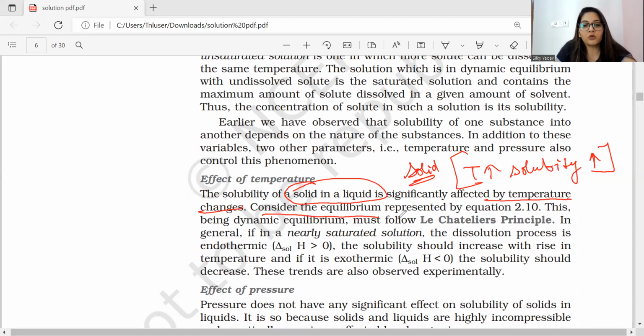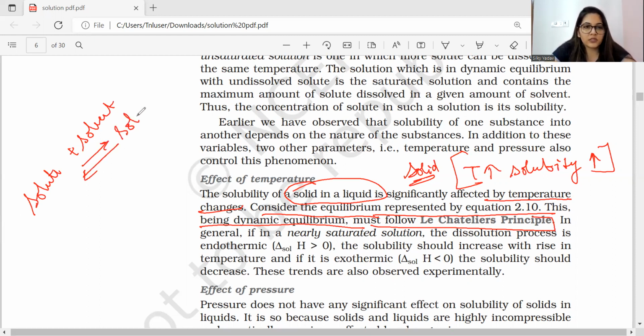So consider the equilibrium represented by equation 2.10. This being a dynamic equilibrium must follow the Le Chatelier principle. That means solute plus solvent is giving us an equilibrium condition with the solution.